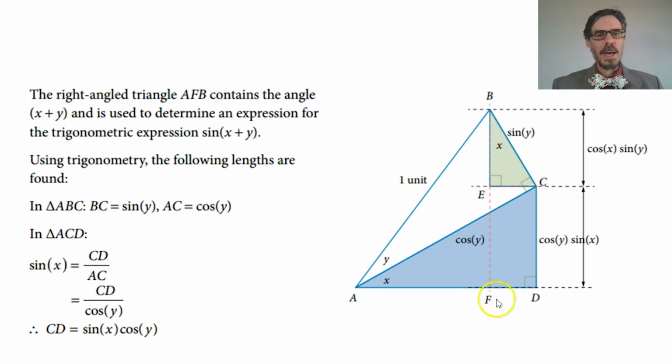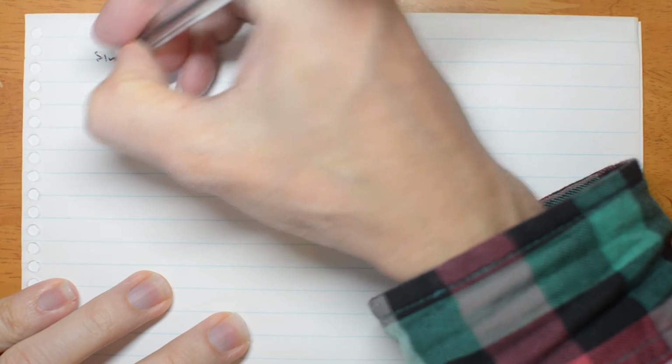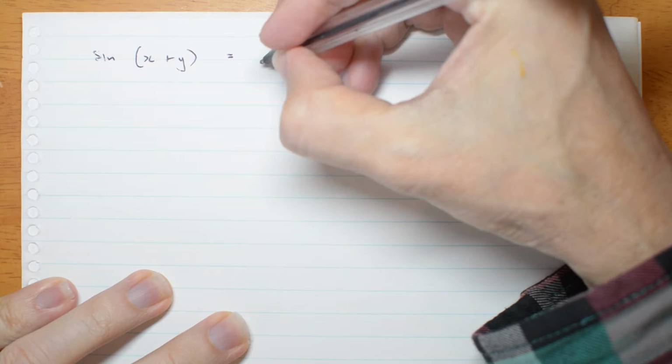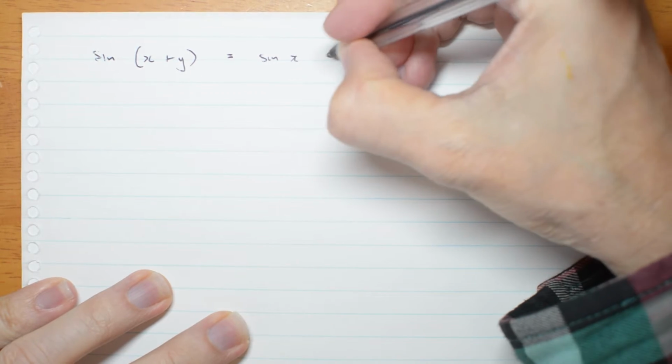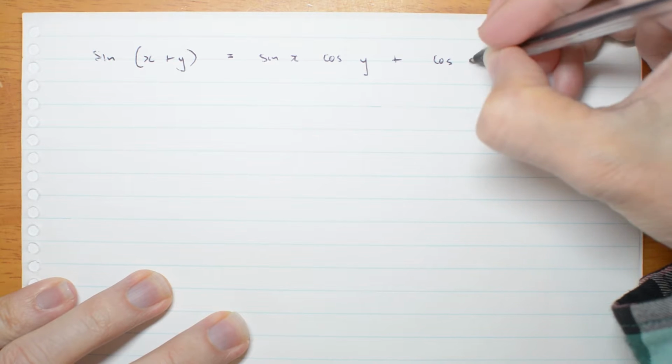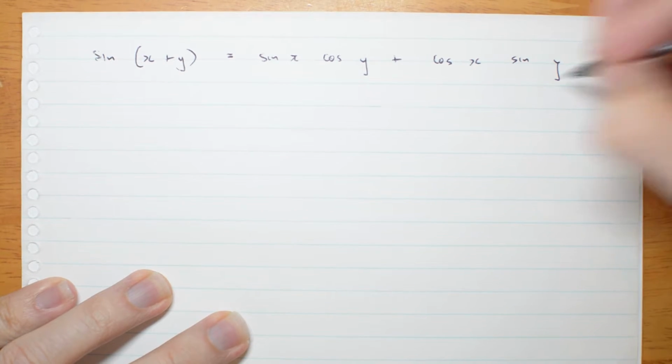And BF is cos x sine y plus cos y sine x. And that's sine x plus y. Okay, so hopefully I've now managed to convince you that the sine of x plus y is sine x cos y plus cos x sine y.